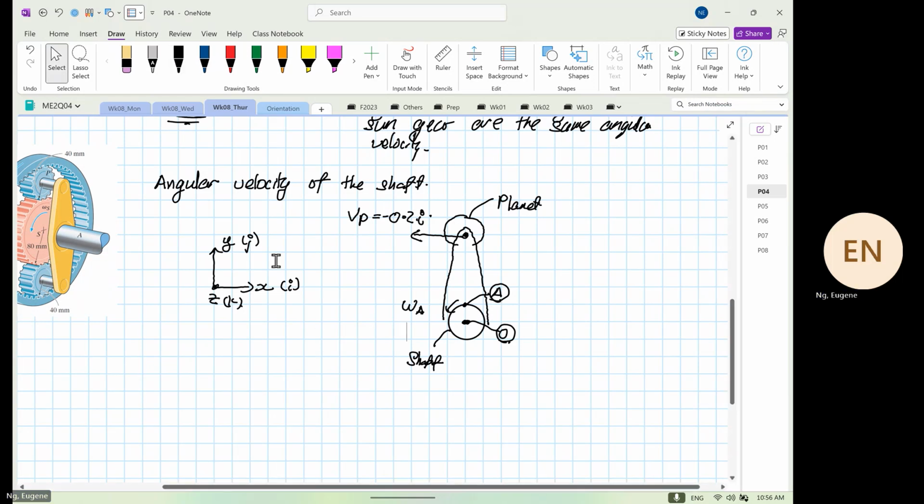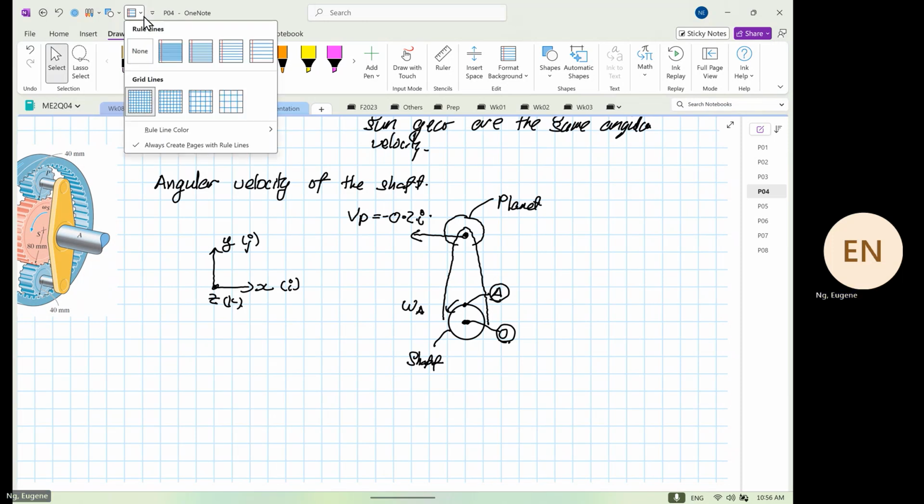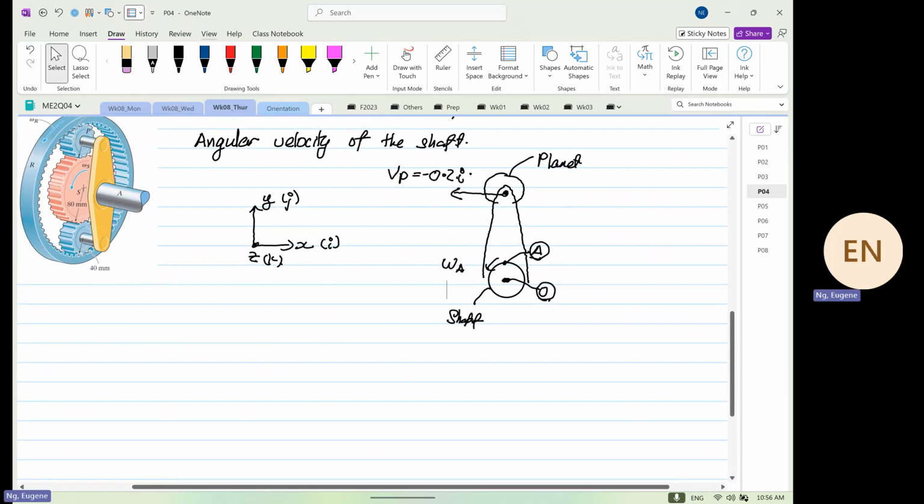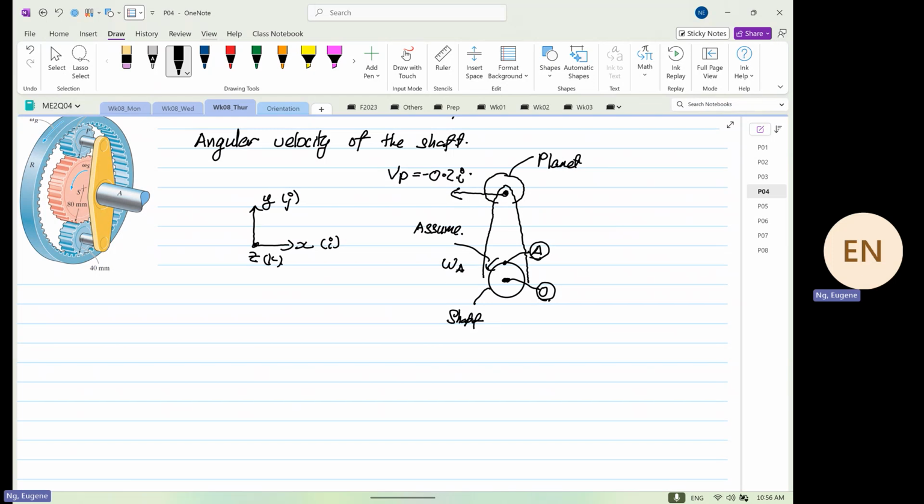Okay, so from here we form, okay, so this one again, I'm going to assume. I'm not sure because with planetary gears, the arm, you have to be careful. The arm can be in a different direction, or the link.